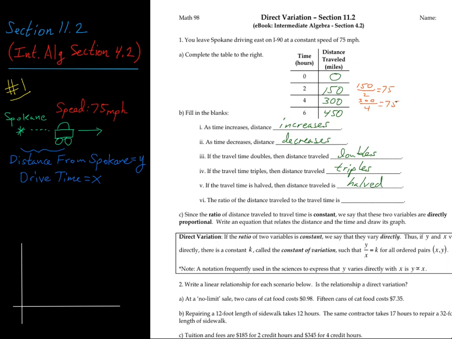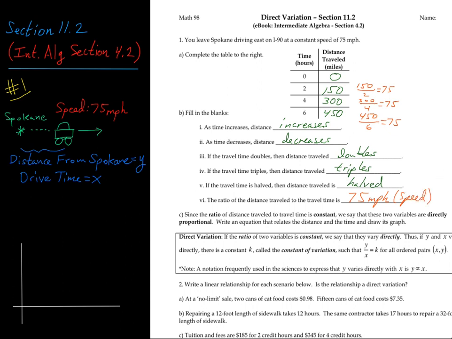We're assuming we're driving at a constant speed of 75 miles per hour. Likewise, 450 over 6 gives us 75. So we always get the same value for the ratio. It's always 75, and just for emphasis, this is miles per hour, which is nothing other than the speed of our car.